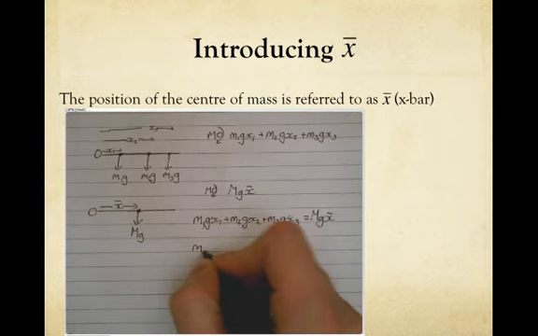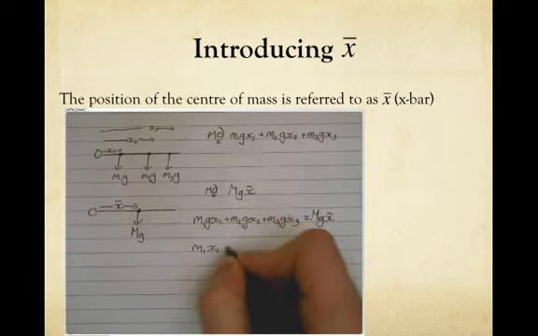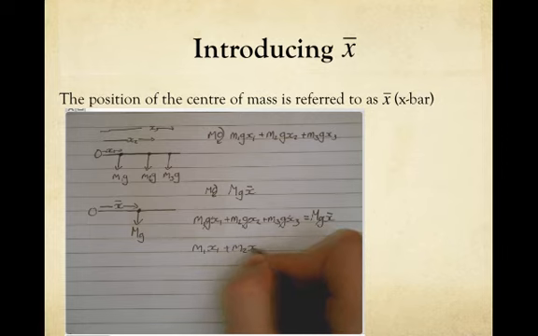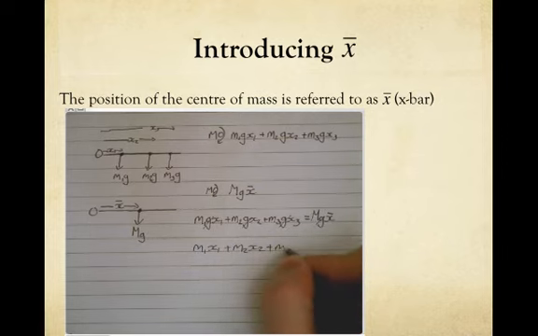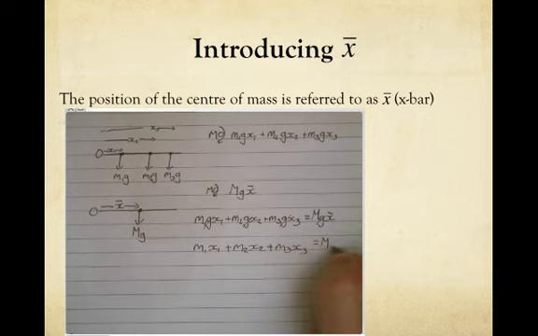Simplifying down to m1x1 plus m2x2 plus m3x3 equals Mx bar.